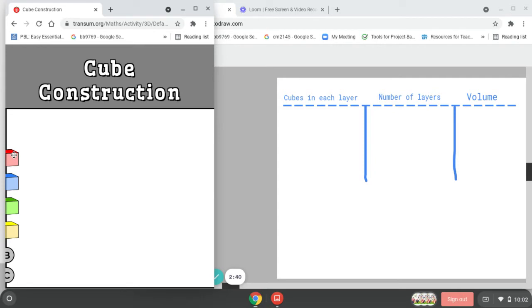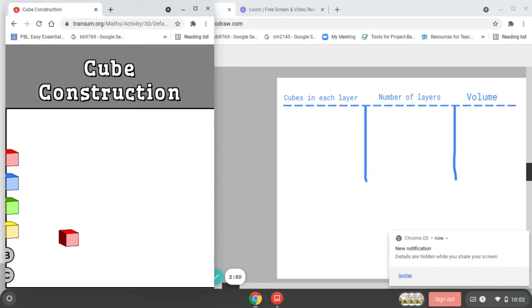So I'm going to think, what numbers are divisible by 24? What number can I think of that 24 can be broken into equally? So how about 12?